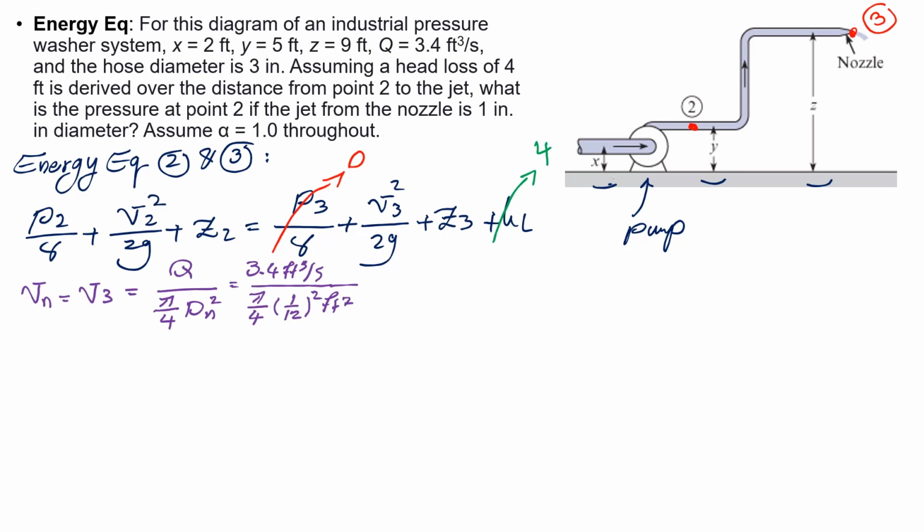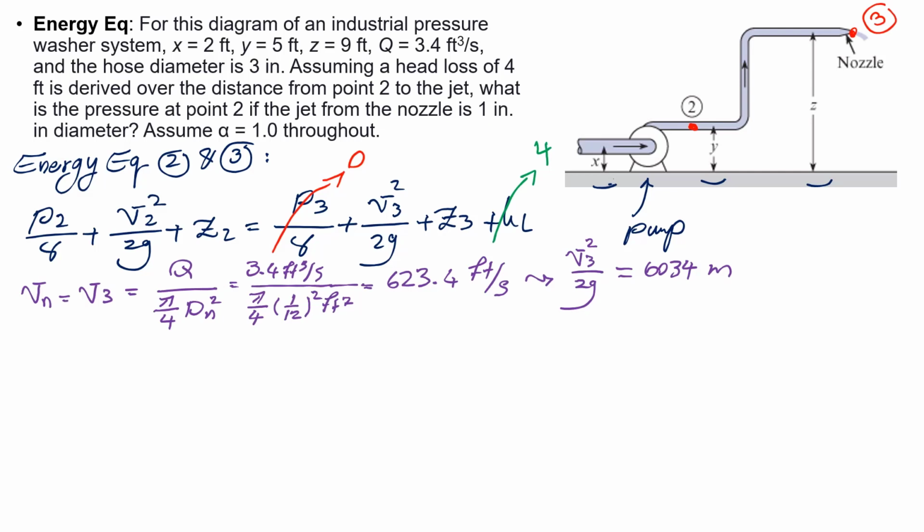And the value of velocity at the nozzle would be 623 feet per second. And now if we calculate velocity 3 squared divided by 2g, this would be equal to 6034 feet.